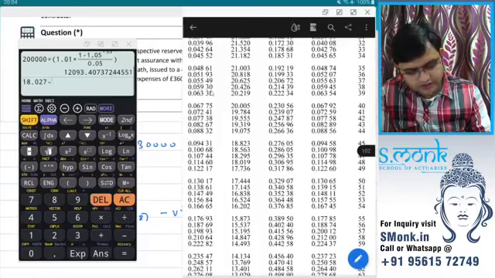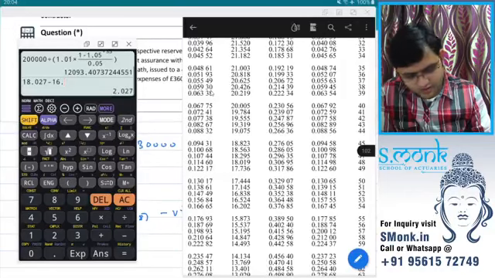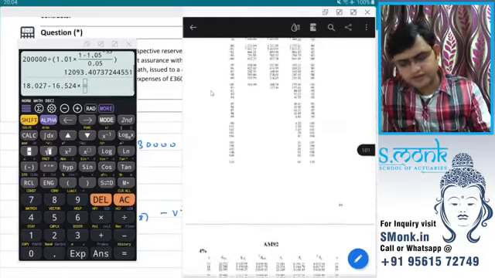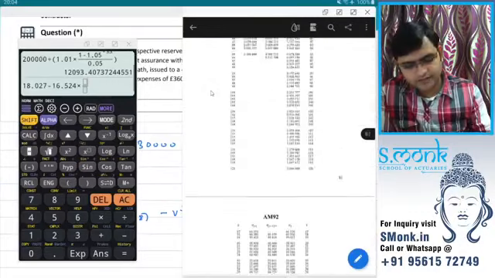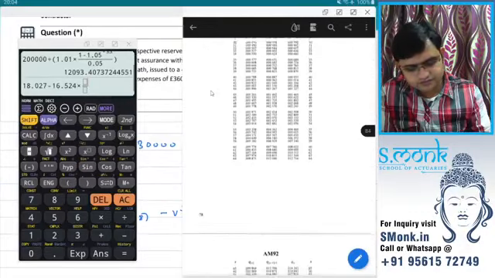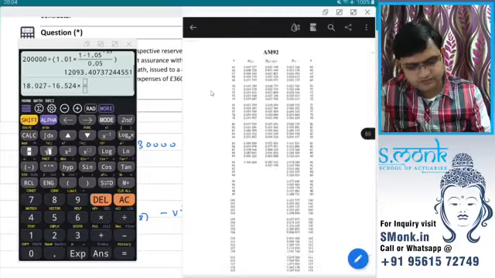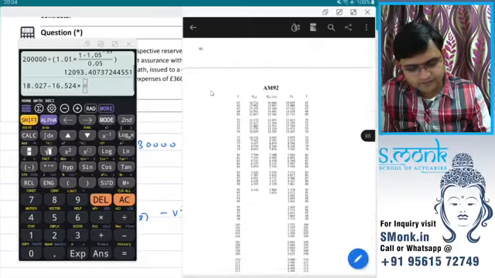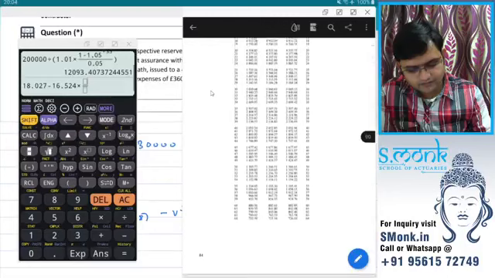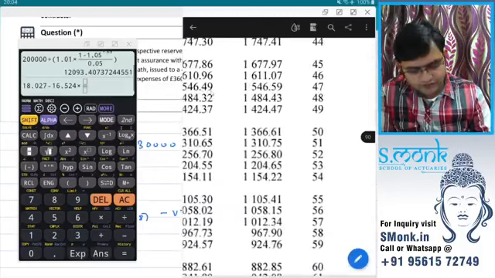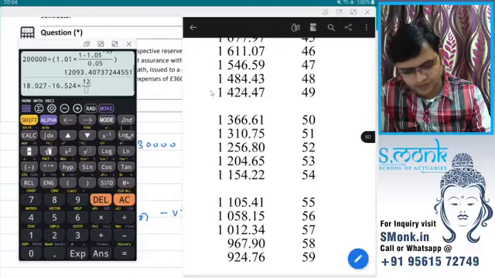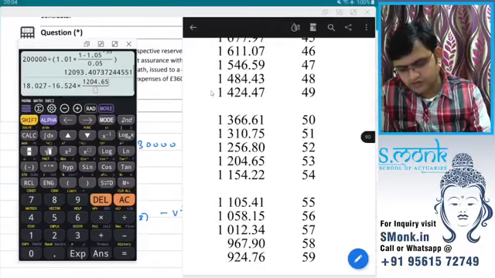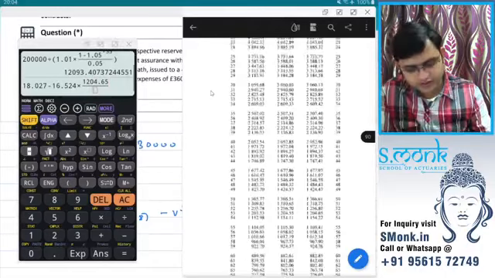Ultimate value 53 is 16.524 multiplied by capital D value, D 53 ultimate and D 48 select.